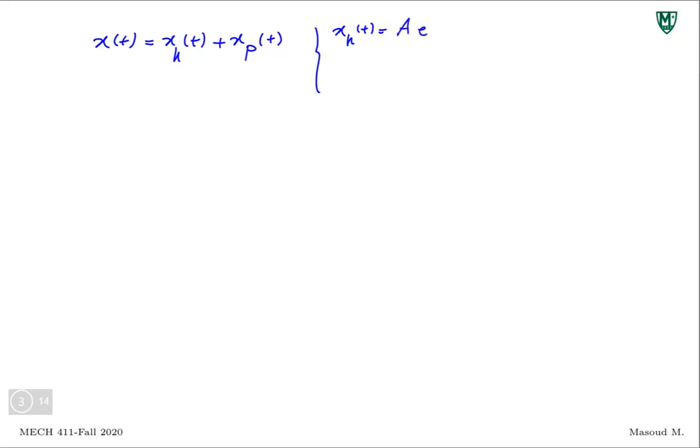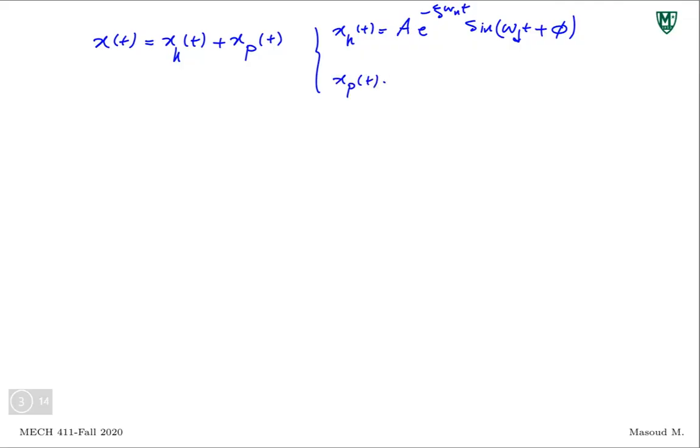It is A e to the minus zeta omega n t sine omega d t plus phi. We have this from before, A and phi being constants that we have to find from initial conditions.